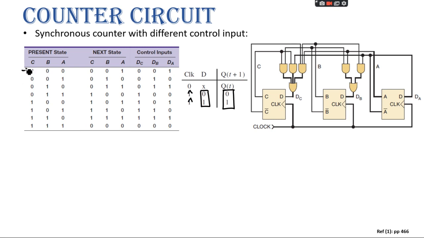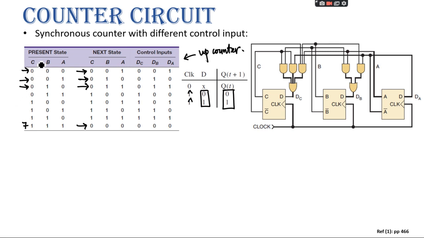So here, if the state is 0, next state is 1. If the state is 1, next state is 2. When the state is 2, next state is 3. And all the way, when it is 7, it is going back to 0. So it is working as an up counter, right? Yes, sir.